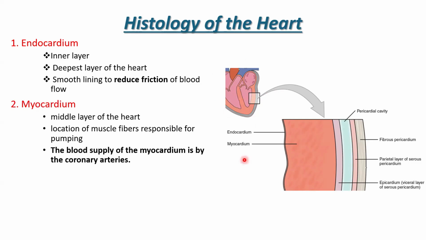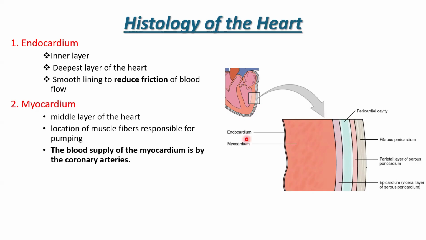The myocardium is actually the largest part of the heart. It has muscles. You've heard about cardiac muscles in your anatomy. Remember, muscles contract and relax, and once they contract and relax, they enable pumping of blood from the heart.